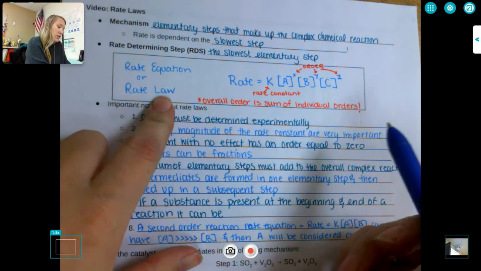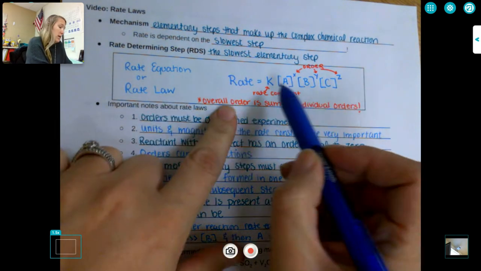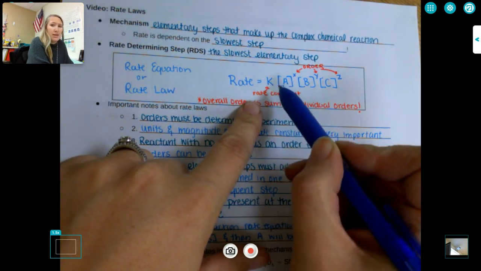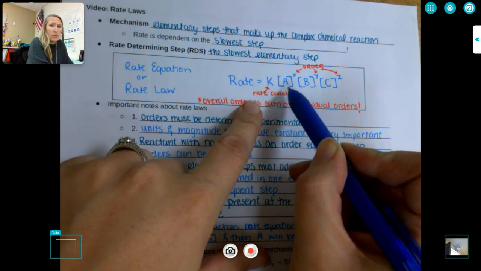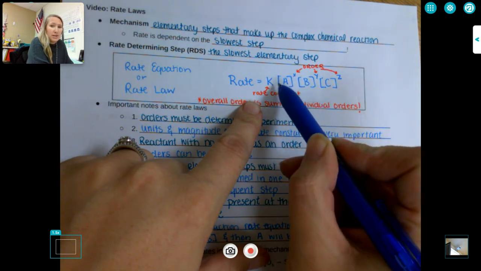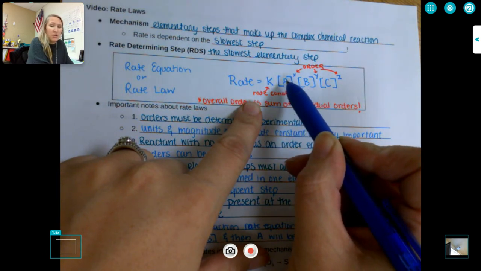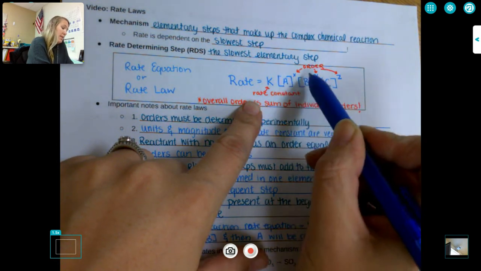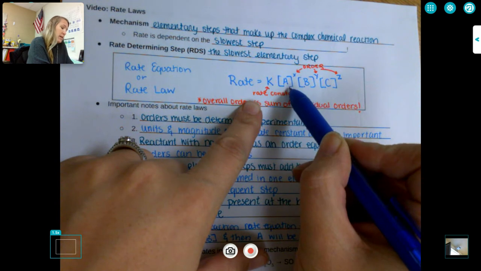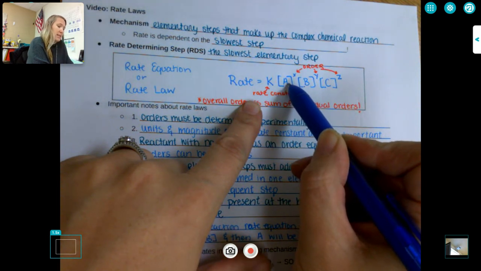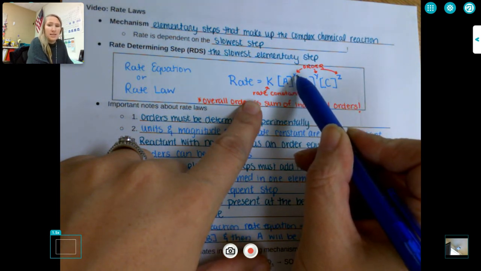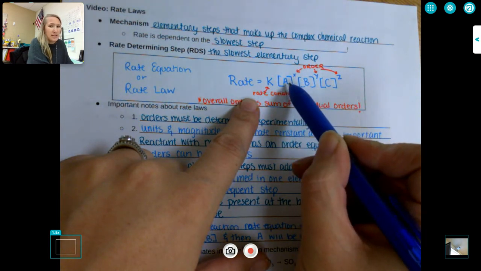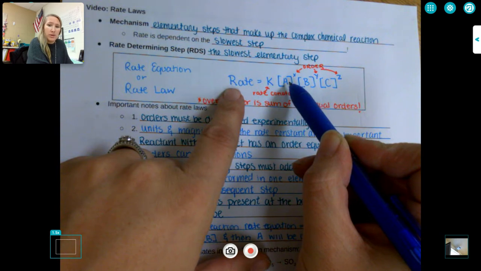And we have this rate equation, otherwise known as a rate law, where we say that the rate is equal to some rate constant K times, these brackets say concentration, so times the concentration of the different compounds in our reaction. And these are our reactants. And then their order, because every reactant has a different order of rate associated with it, depending upon how much changing this reactant speeds up or slows down our reaction.